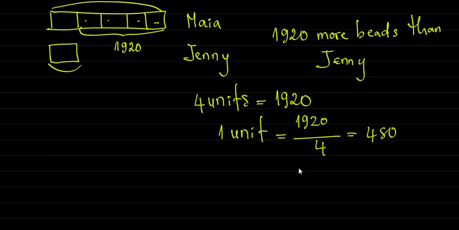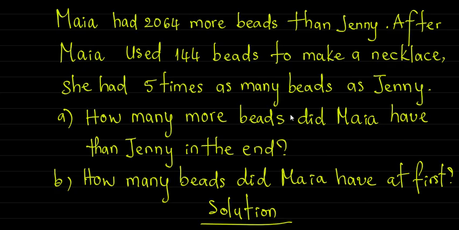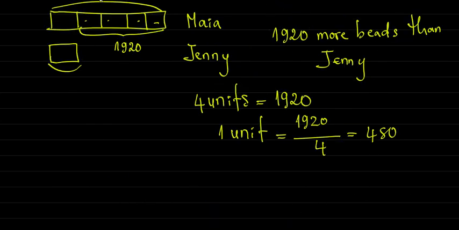But the question they ask you, question B, is how many bits Maya had at first. So that means 5 unit here is the unit that Maya has after she used 144 bits.